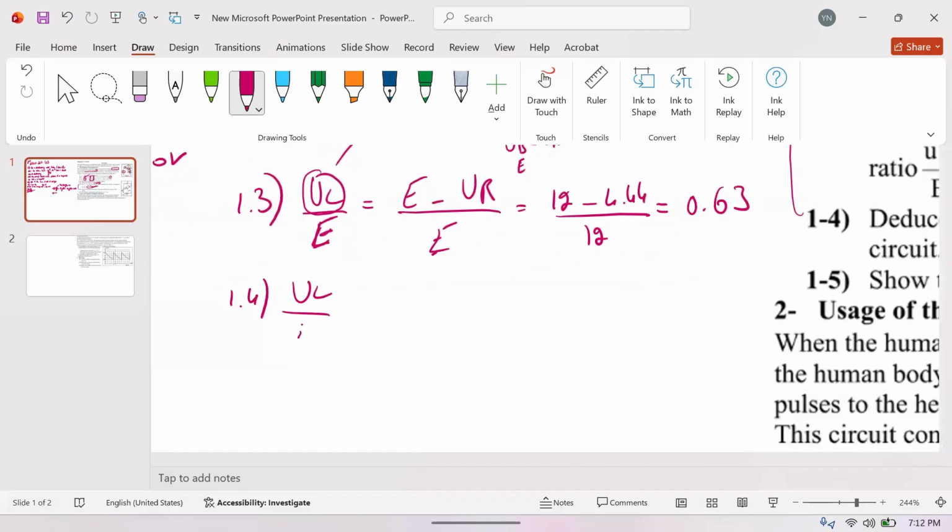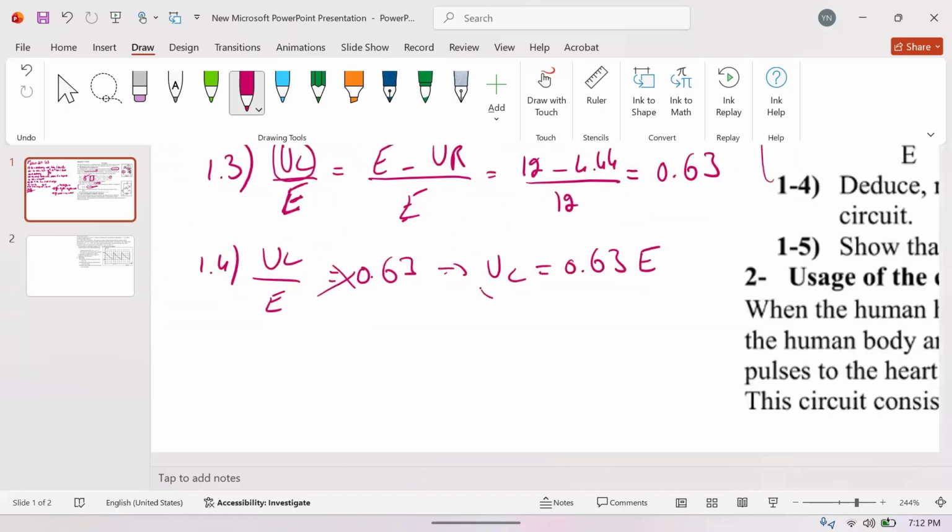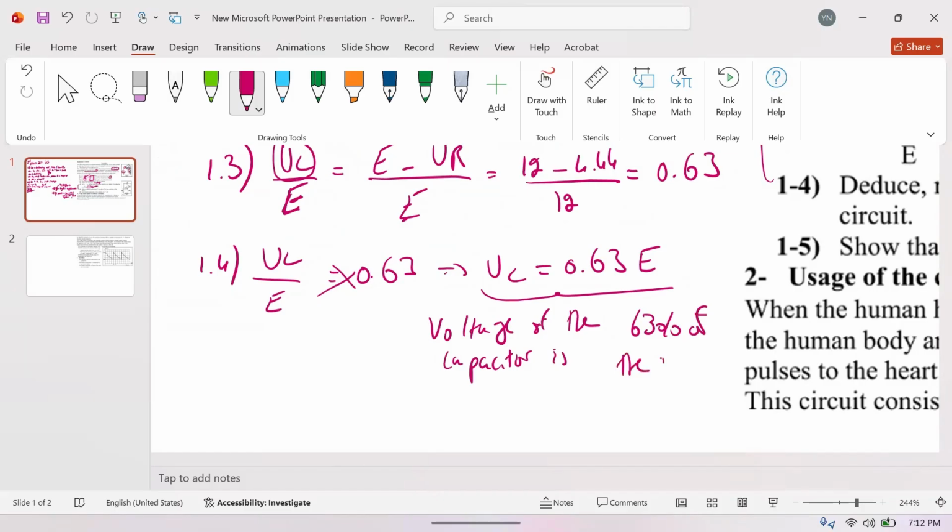I found the ratio. It's equal to 0.63. It's a very common number. It's not just any number. So if I cross multiply, I will be getting UC equals 0.63 E. Okay, and this part here tells me that the voltage of the capacitor is 63% of the maximum value.